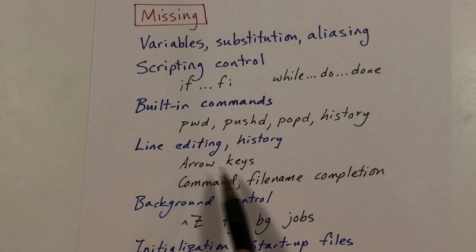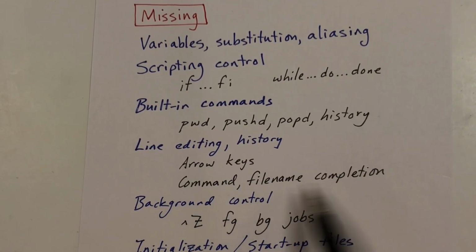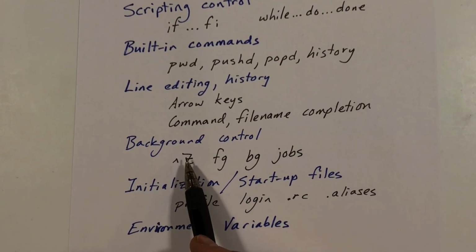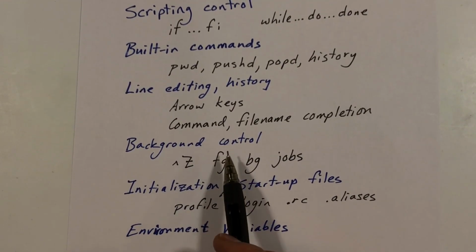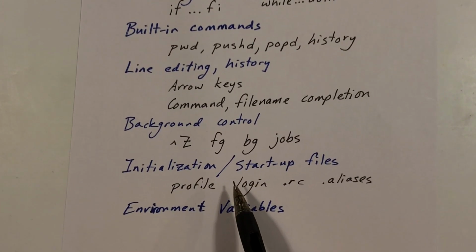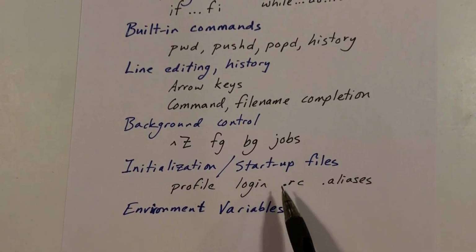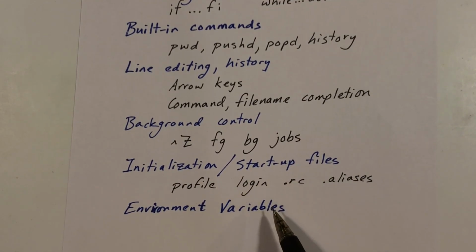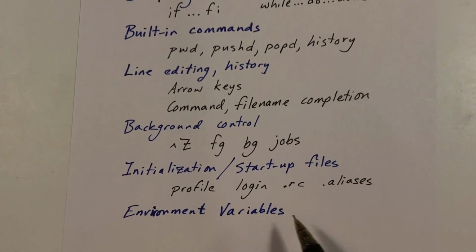There's no line editing. The arrow keys and file name completion and so on is not present. There's no support for background control beyond the ampersand. Shells normally read in startup files when they first start executing, but that doesn't happen here. And finally, XV6 has no notion of environment variables, so those aren't supported by the shell.